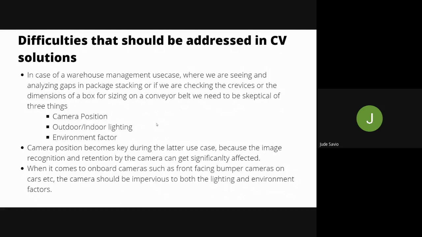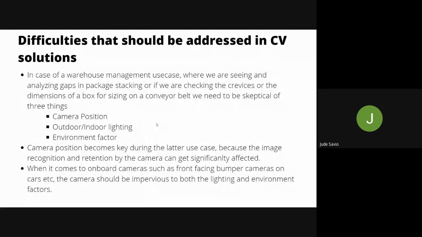And when it comes to the conveyor belt for sizing, we need to be skeptical of three things basically. One is our sensor position, our camera position. The other thing being the indoor and the outdoor lighting, and the environment factor. So when it comes to the conveyor belt use case, camera position needs to be key, right?